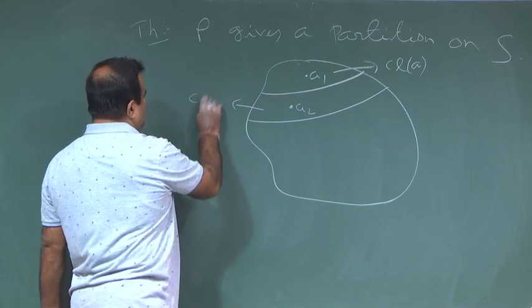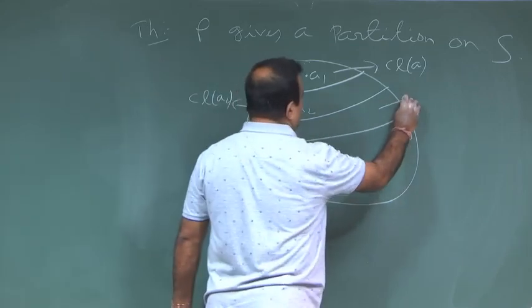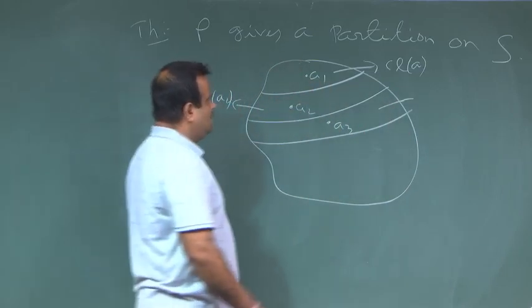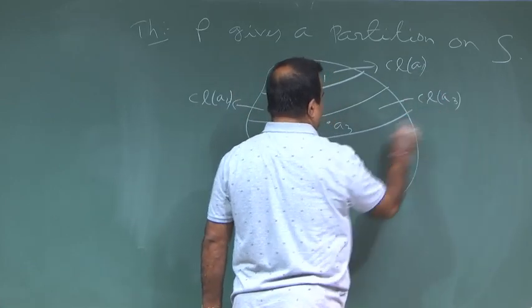This is the class of A2. Then we take another element A3 which is not related to A1 or A2. So this will be C3, like this.